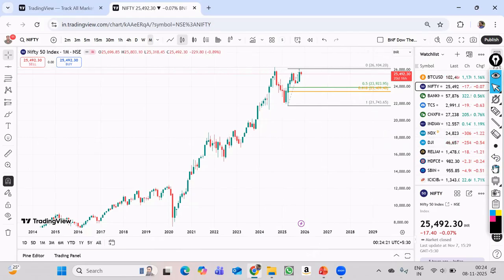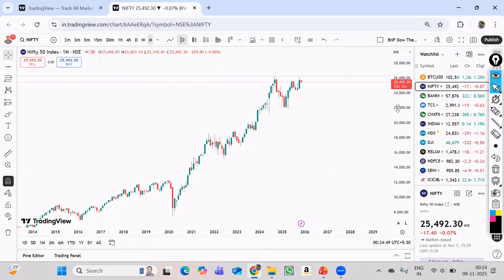Okay, so for now, I'm removing the Fibonacci, because this is what I want you to do. Just keep these two levels because these are your support area, and the 0.618 level becomes your golden zone. So we are going to actually take trades whenever the market comes there. Fine.